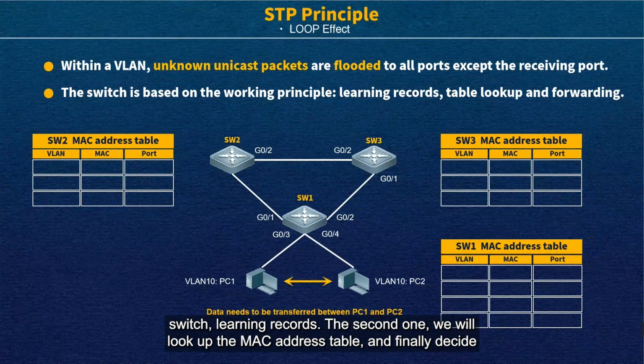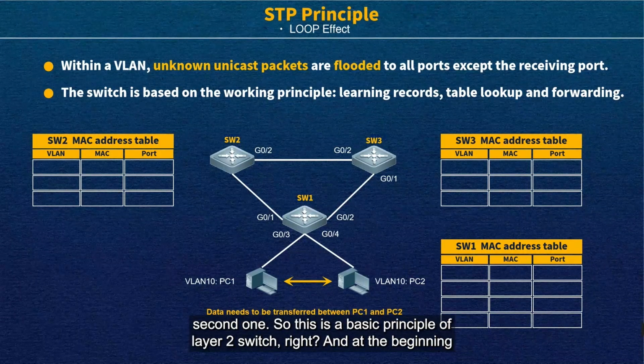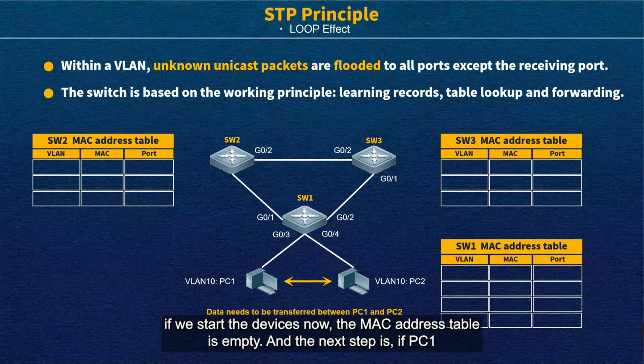The second one, we will look up the MAC address table and finally decide to forward the message, discard the message, or maybe flood the message. So this is a basic principle of layer 2 switch, right? And at the beginning, if we start the devices now, the MAC address table is empty.